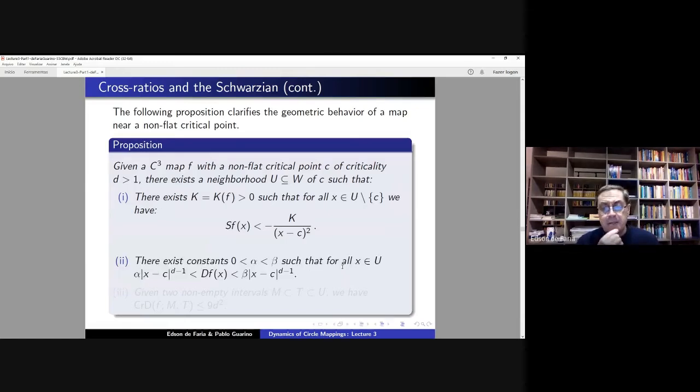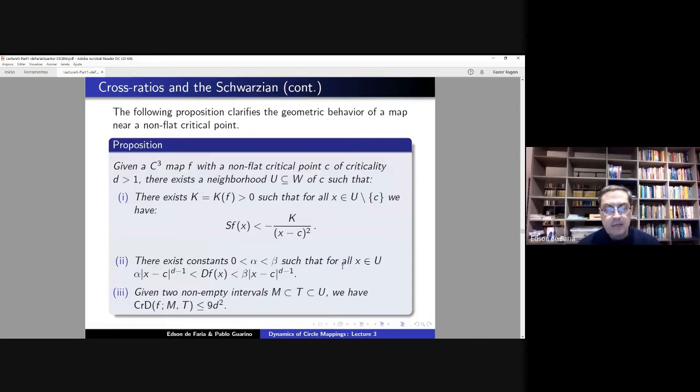Another thing that you know is that the fact that the map is a critical point which is non-flat with a certain criticality d, of course, means that you can squeeze the graph of f between two power laws, bona fide power laws. And so the derivative is also squeezed between two power laws, as you see there.